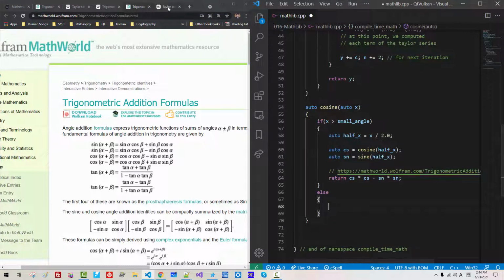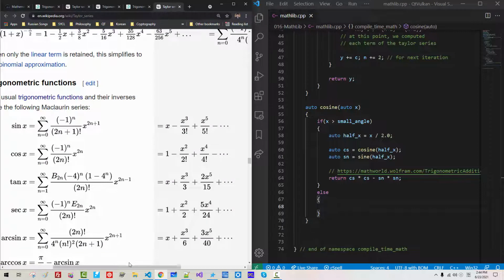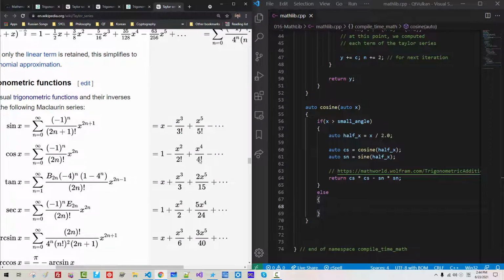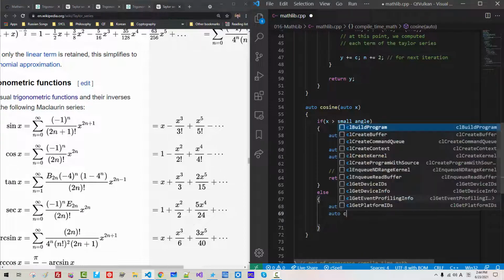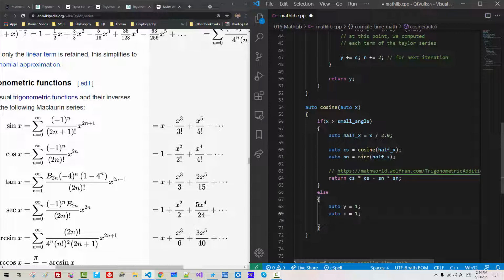Now, in the Taylor series again, we compute this part. Auto y1, auto c1, auto xx minus x times x. I fix it like this.